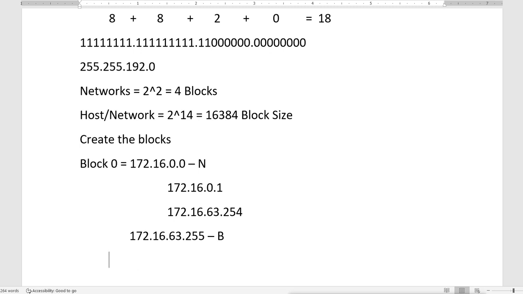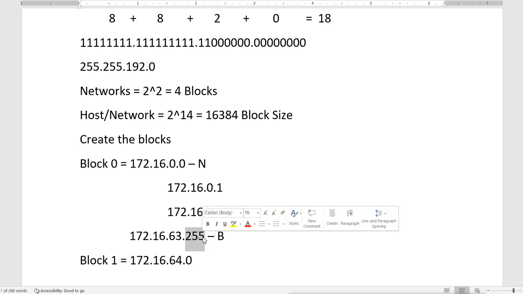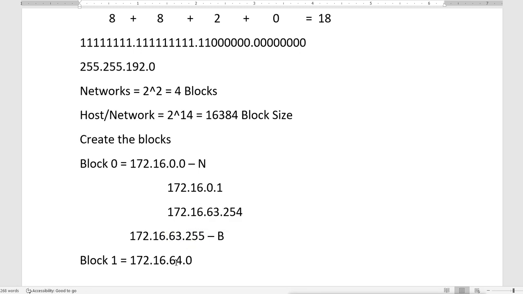Now the next block will start from 172.16.64.0. Remember, this number will get 64 only when this one gets 255. So the last IP will be 63.255. After this 255, this will become 64, and then this will become 0.